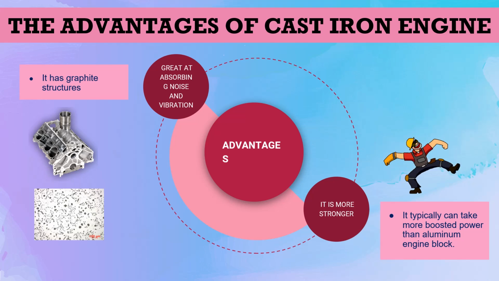And the last advantage is that it is stronger. Cast iron has higher strength at reduced cost. Cast iron engine block is stronger and stiffer because it typically can take more boost power than aluminium engine block. The strength of cast iron makes it a workable material.